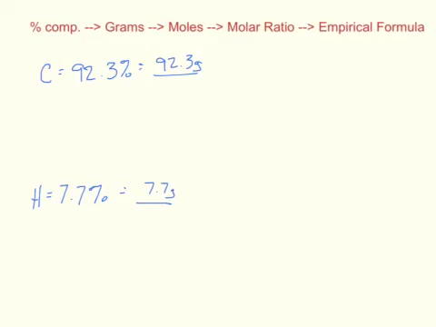We are going to divide by the molar mass of each substance. Carbon is 12 grams per mole, and hydrogen being 1 gram per mole. Grams cancel out.